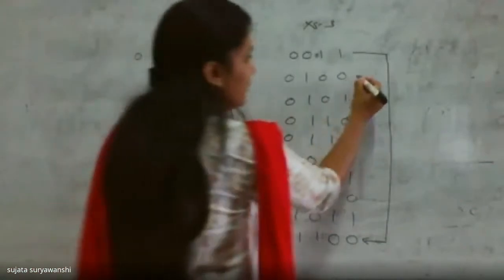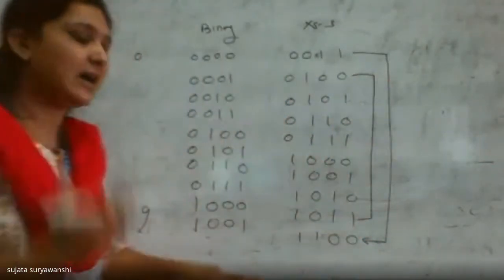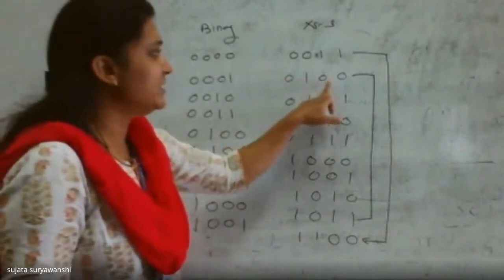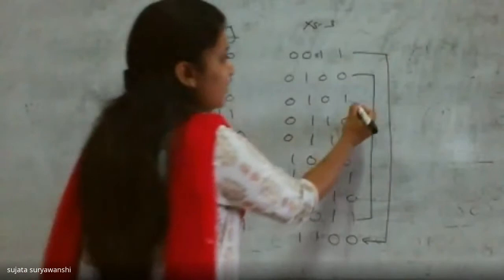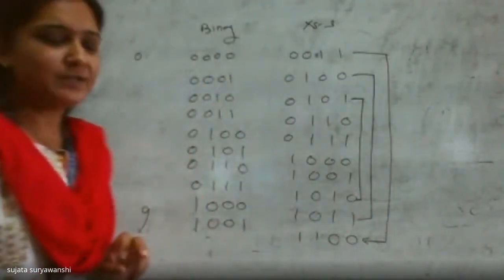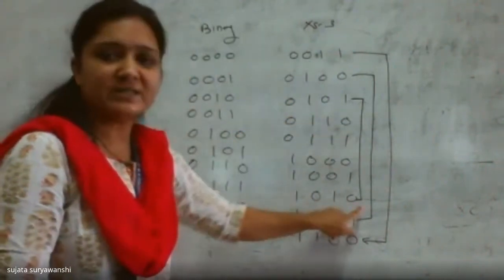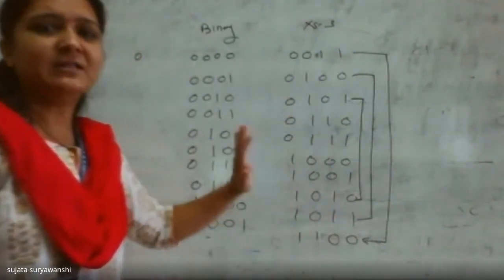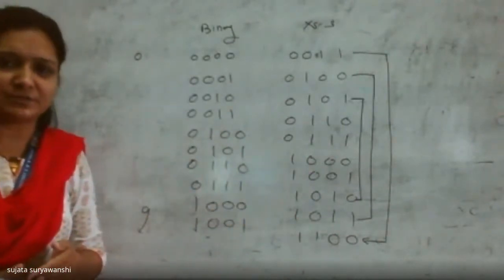When you take the one's complement of the second, you'll get the second last number, that is 0100 means 1011. When you take the one's complement of the third, you'll get the third last number, that is 0101 gives 1010. That's why this number system is known as a self-complementary number system.